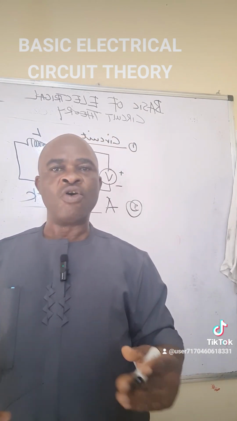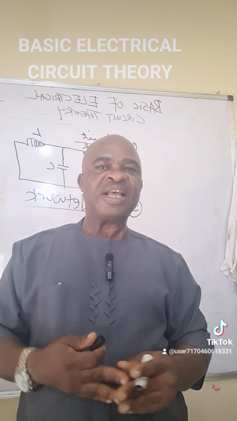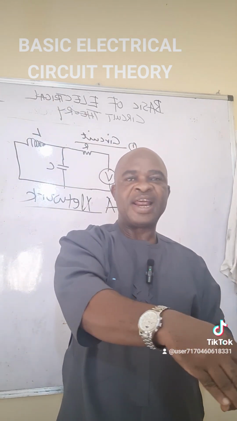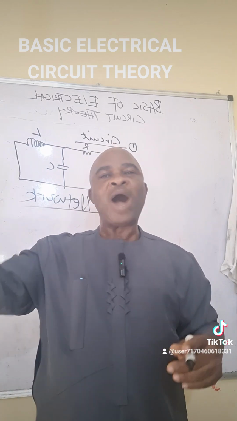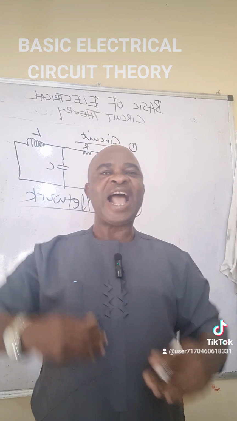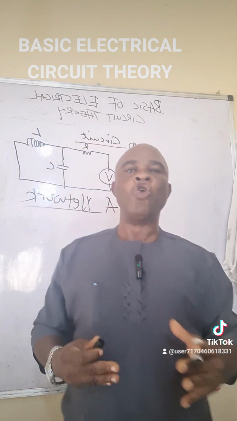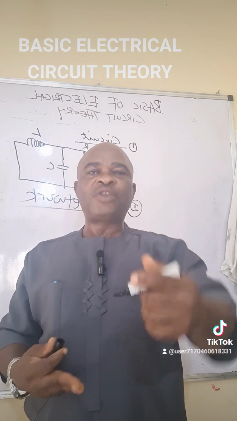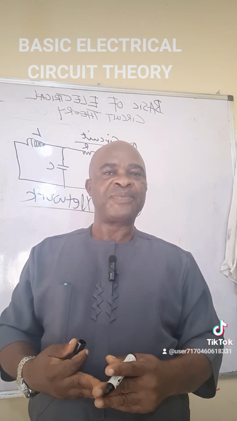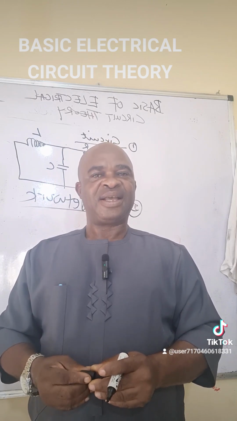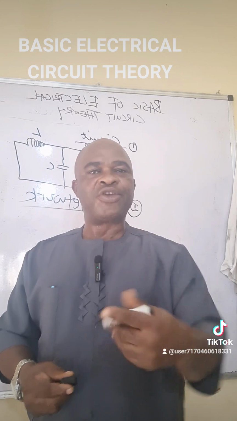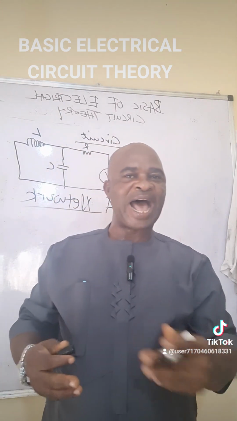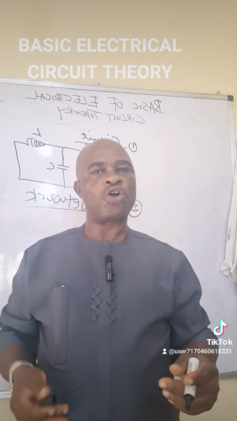Now, let's know what the difference is. The difference between a circuit and an electrical network is that a circuit must be an energized path or loop through which current flows, but a network must not necessarily be energized. Therefore, all circuits are networks, but not all networks are circuits.